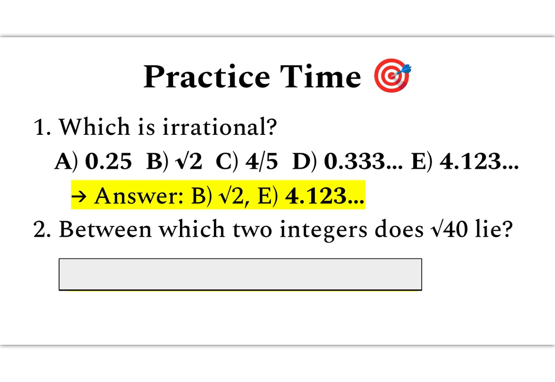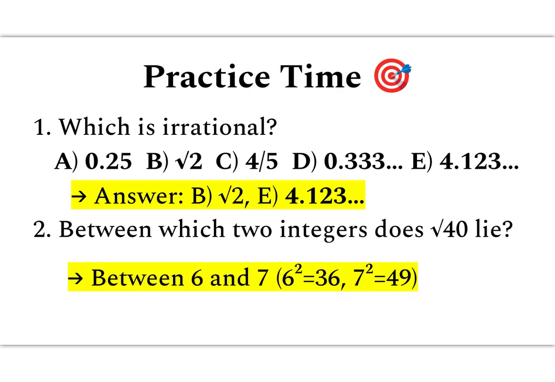Second question, between which two integers does square root of 40 lie? And let's take a look. All right, square root of 40 lies between 6 and 7. 6 squared equals 36 and 7 squared equals 49. So 40 is closer to 36 than 49.